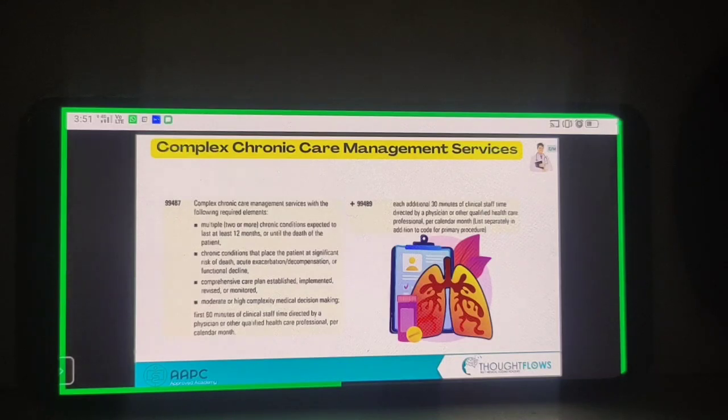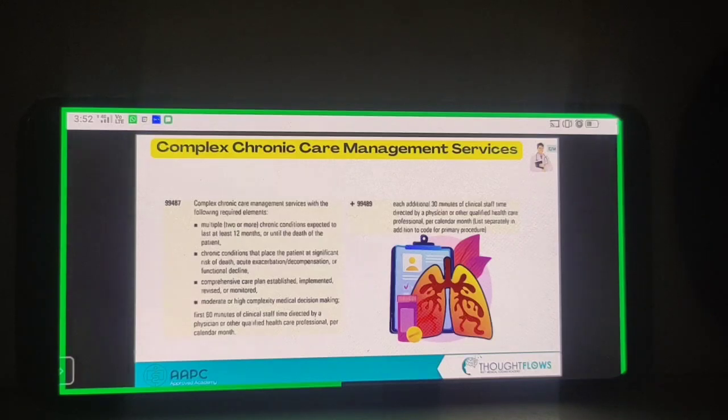For the first 60 minutes, here also the service is provided by clinical staff under the supervision of the doctor: 99487. Each additional 30 minutes, 99489.